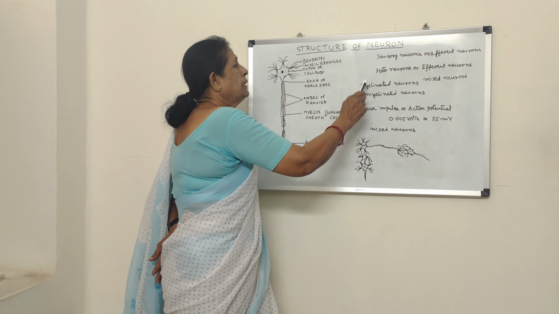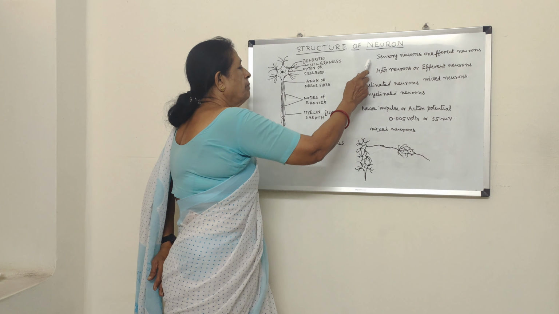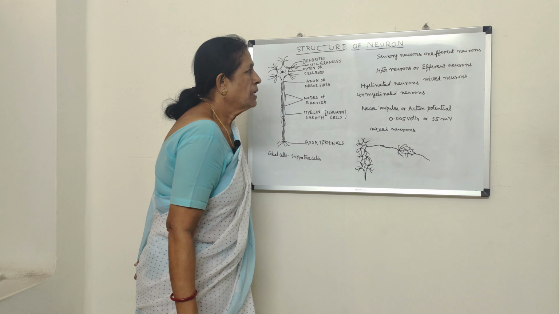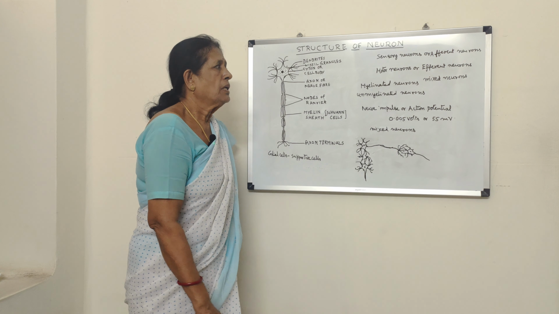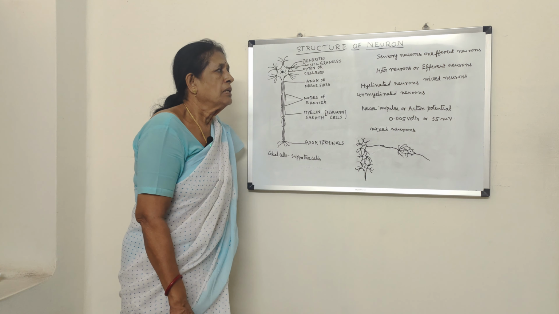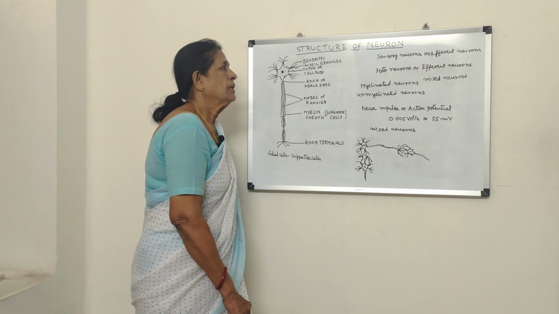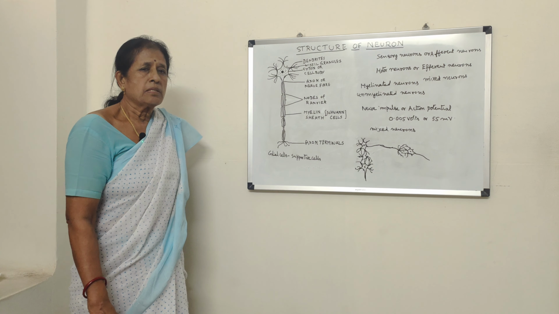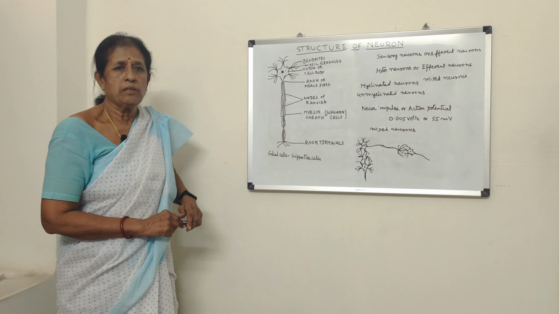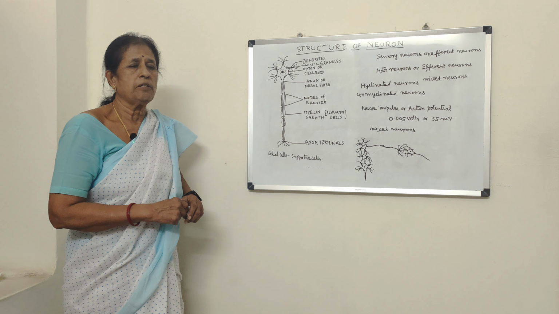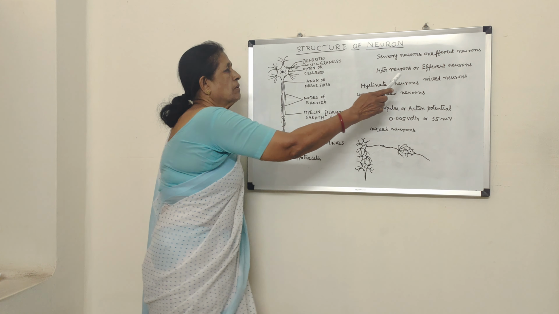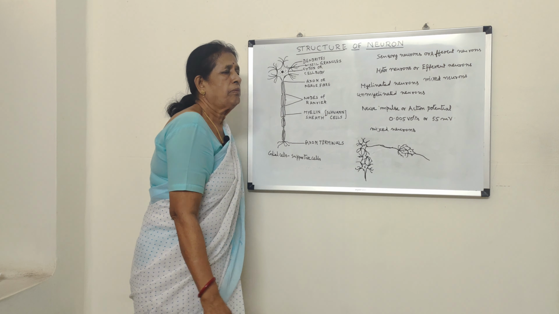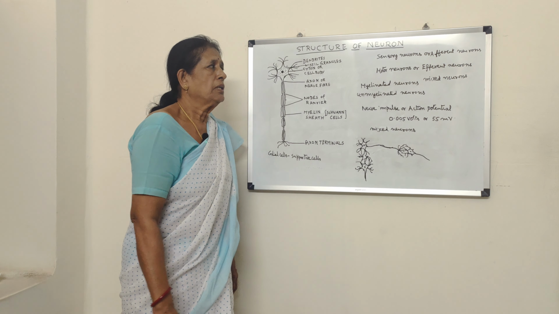And depending upon the function, neurons are of mainly two types. Sensory neurons are afferent neurons. Motor neurons are efferent neurons. Sensory neurons arise from sense organs and carry impulses to the brain and spinal cord. They are also called afferent neurons.